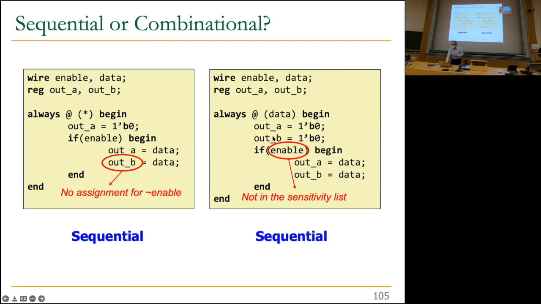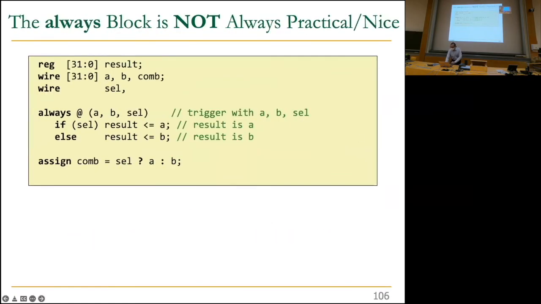Basically, every input signal should be in the sensitivity list. Very good. You can actually have fun with this, and we asked some questions in the exam also related to these relatively easy things, but this tests basically whether you've done the labs.